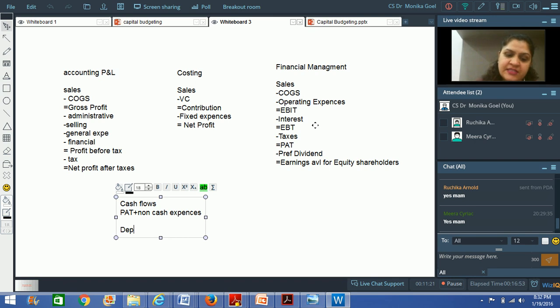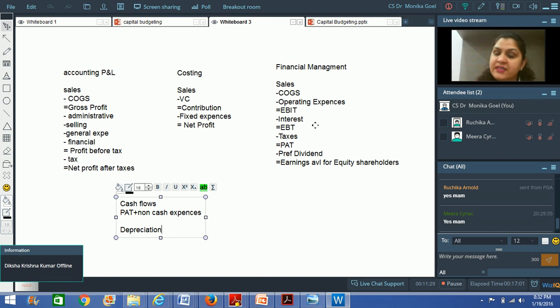And what are these non-cash expenses? Non-cash expenses are generally depreciation. Why is depreciation a non-cash expense? Because I do not pay this depreciation to anybody, and it is not a cash outflow going from my business. This is the provision that I create for depreciation.